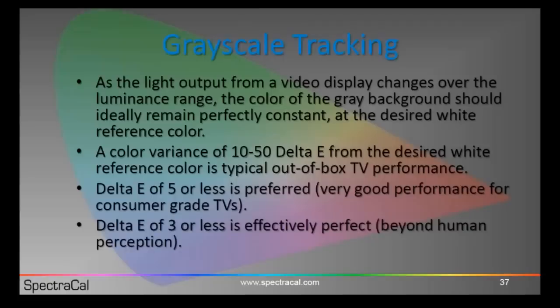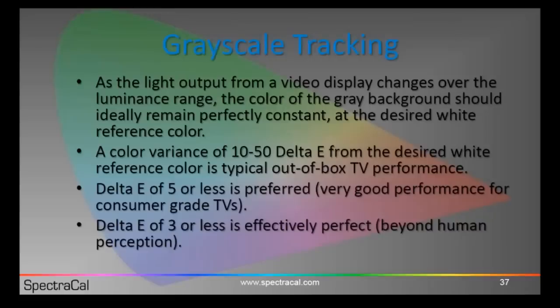Without going into great detail about that, typical amounts of delta E for an out-of-the-box non-calibrated performance would be 10 up to 50 delta E, which means a certain amount of error from the color that we want it to be.